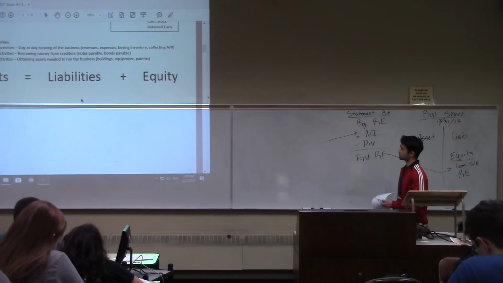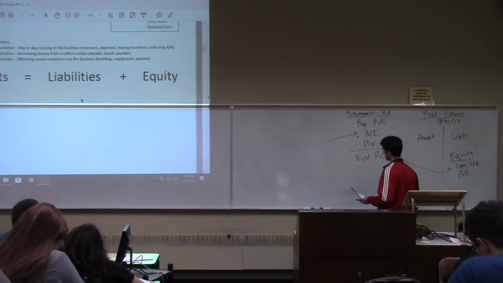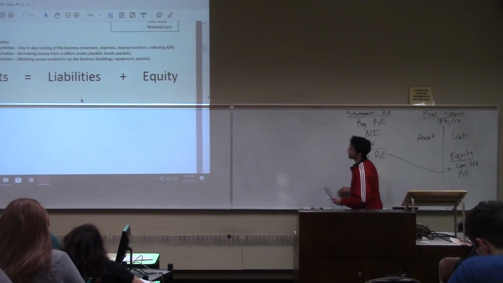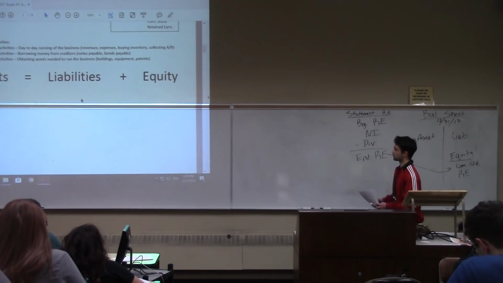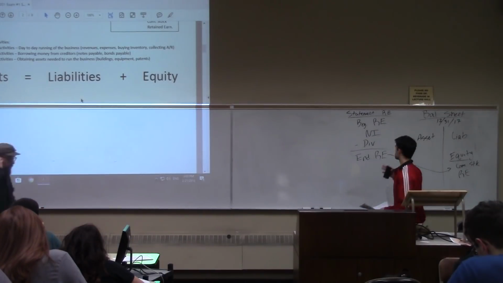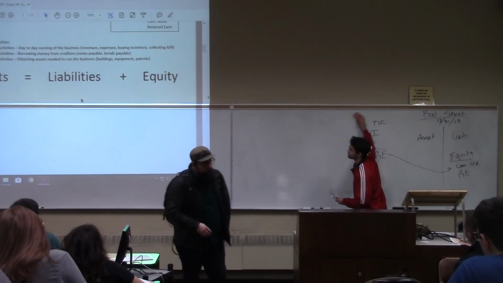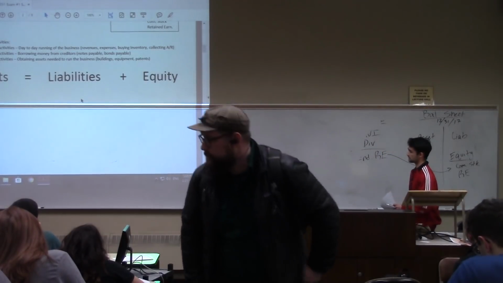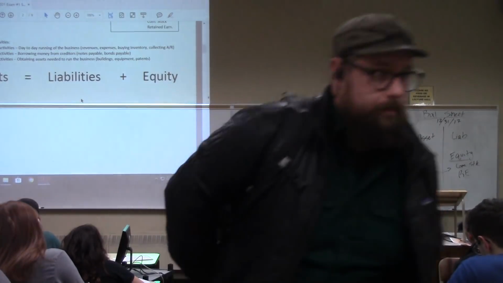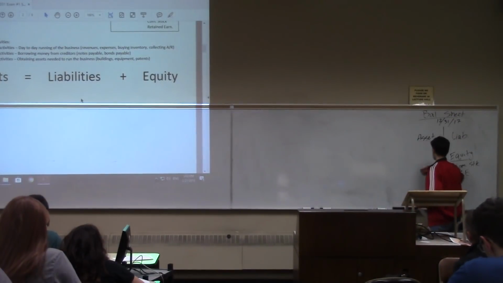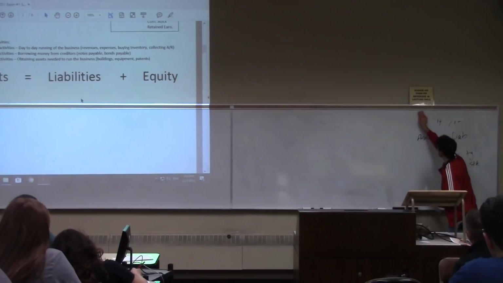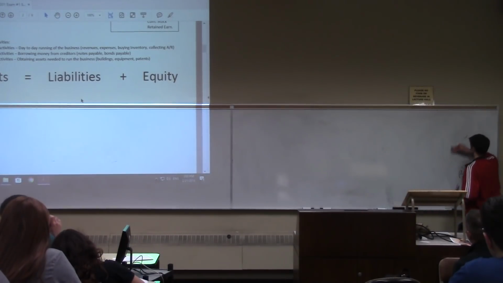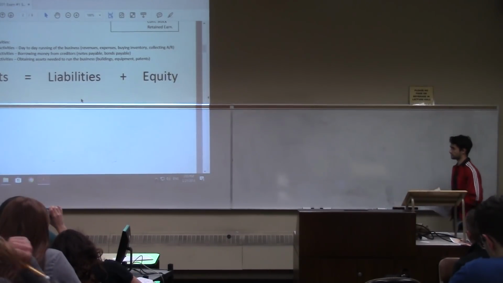Financing activities are borrowing money from creditors or paying off money to creditors, so taking out a notes payable, paying off a notes payable, taking out a bonds payable, paying a bonds payable. And we've got investing activities. That's obtaining any long-term assets, so buying a building, buying some land, selling some buildings, selling equipment, anything dealing with long-term assets.